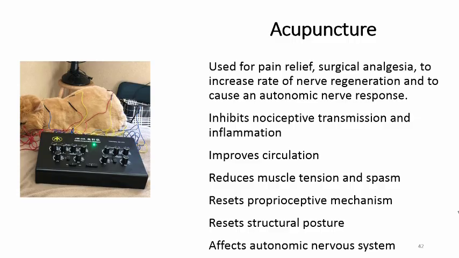And one of the things that we can do with acupuncture to help cause our autonomic response and increase our nerve regeneration is it will wake up those generators of motion. There are a few things that wake them up, but acupuncture is one of them. Doing repeated PNF patterns, which we'll talk about later, is something else that wakes up the motion generators.